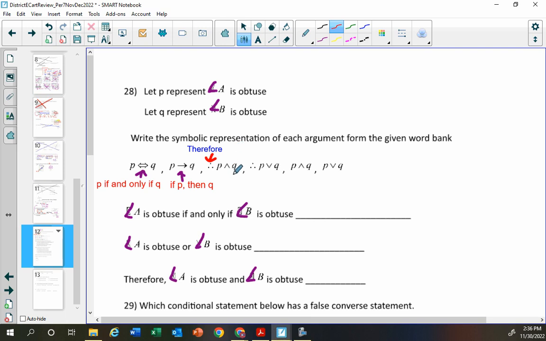Now, if you see this symbol right here, that's the symbol for and.